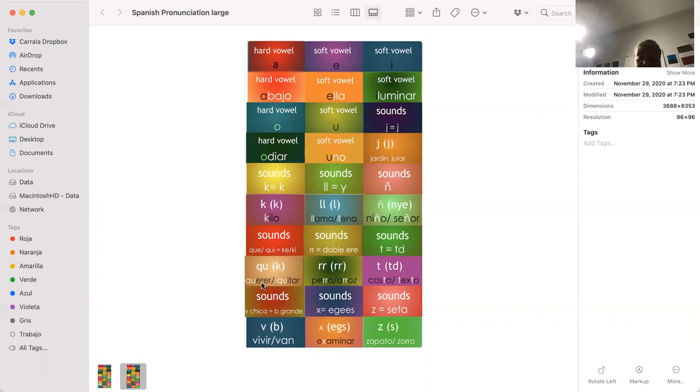So here you have the verb querer, querer, quitar. So the sound is K. I don't know how else you could pronounce it, querer or quitar. No, that U is not pronounced.